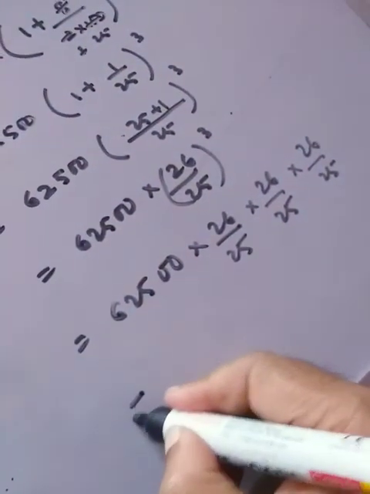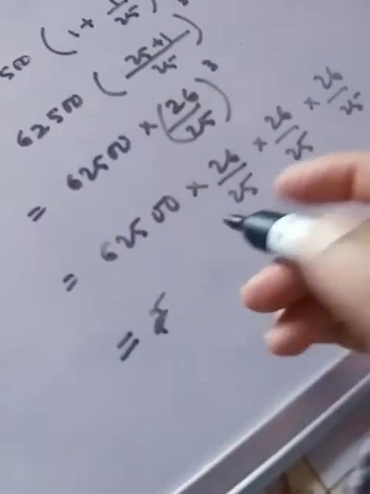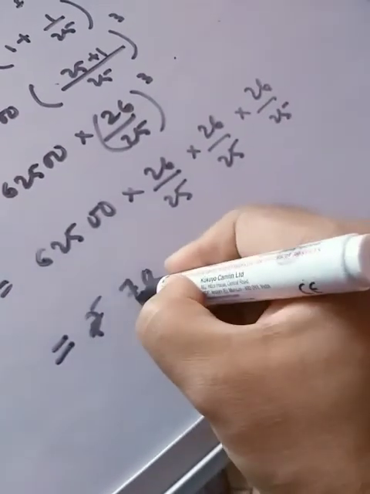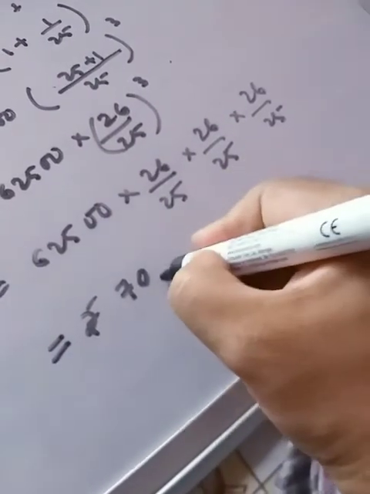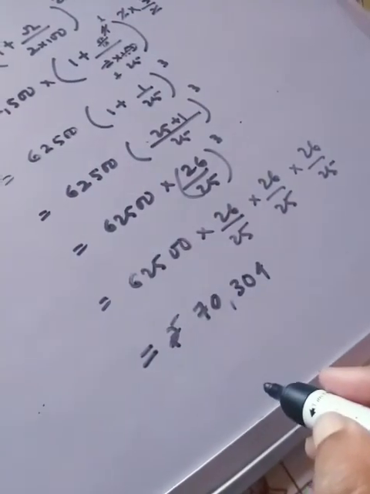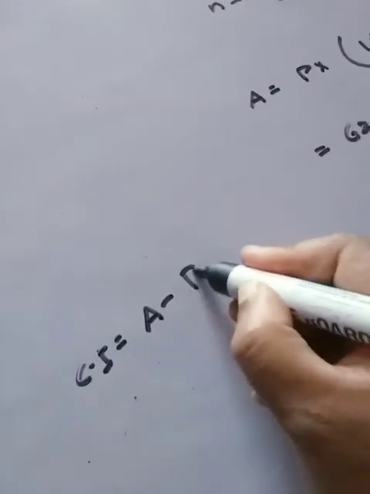After solving you get the answer 70,304. Now you have to find the compound interest. The formula of compound interest is amount minus principal.